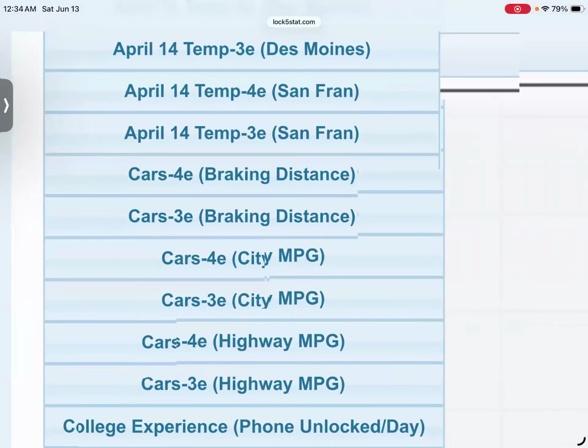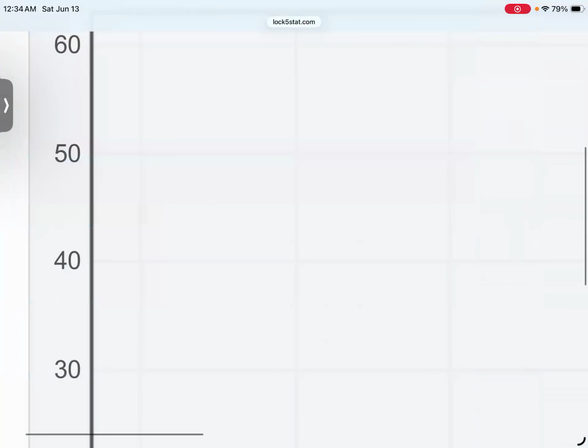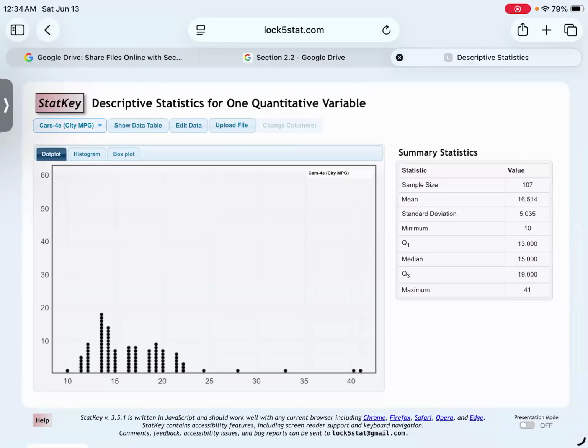There's the cars. Now, careful, there are several about the cars. Right now, we're doing the city miles per gallon. And fourth edition, right? Third edition is now the old edition. Fourth edition is the new thing that we're using. I'm going to go ahead and click on it. There's the dot plot.